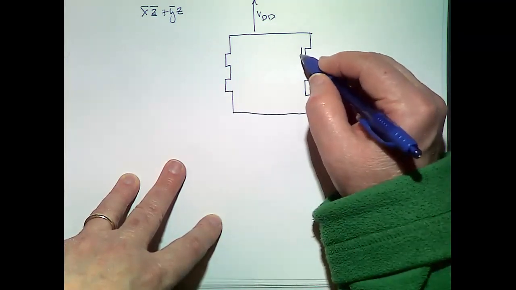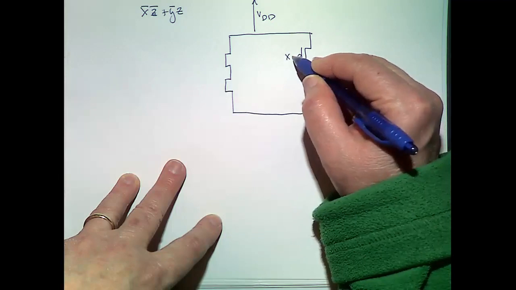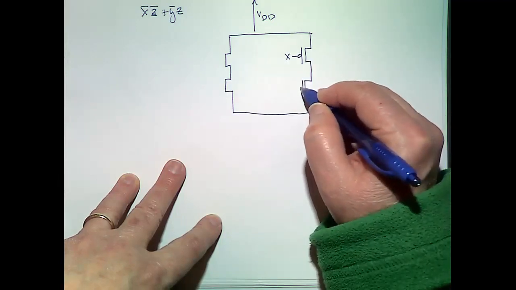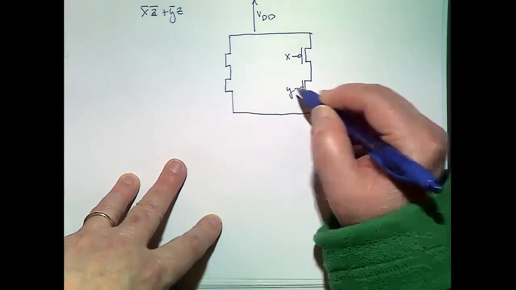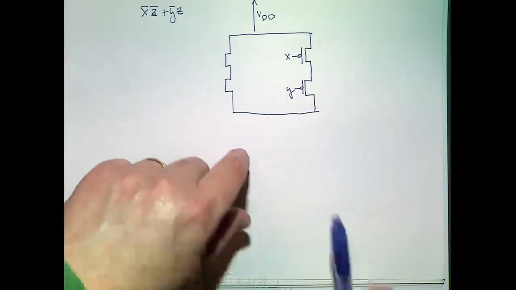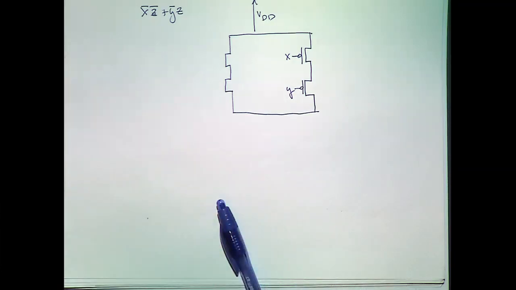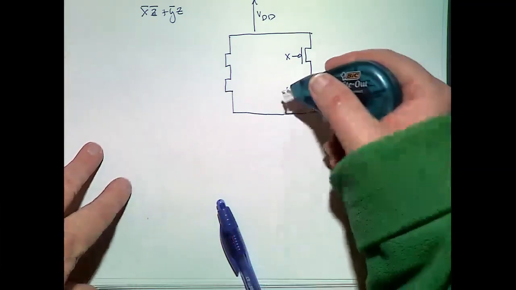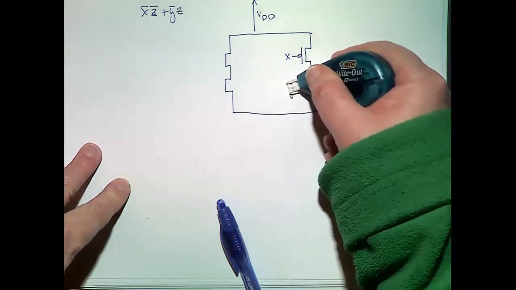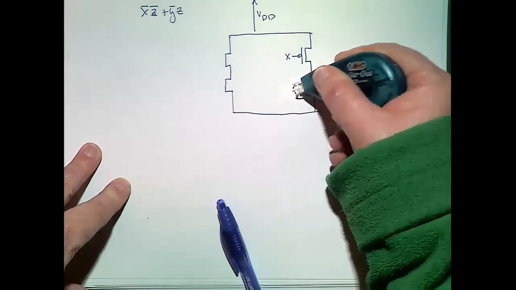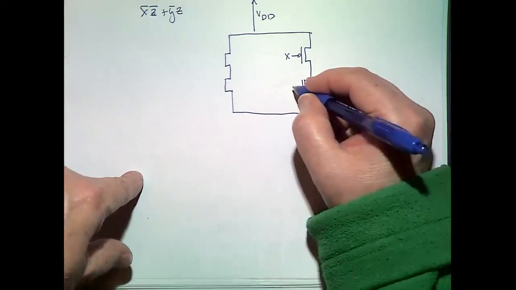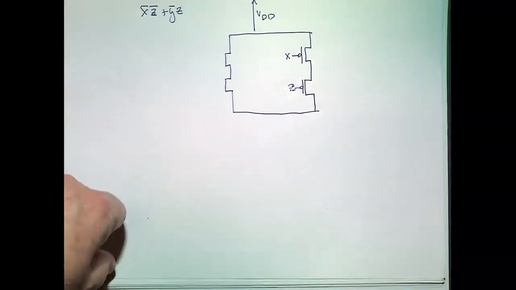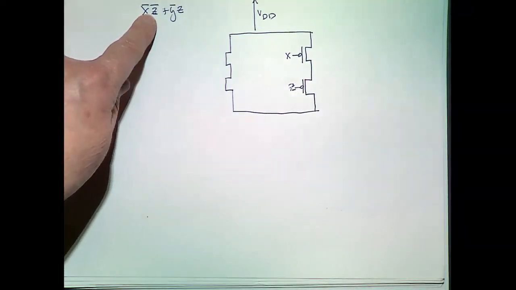Okay, so these are PMOS, so I get to complement the input. So that's my X bar, Z bar.